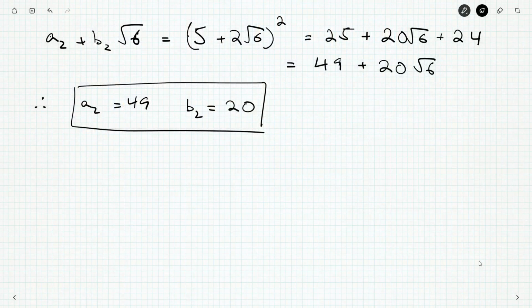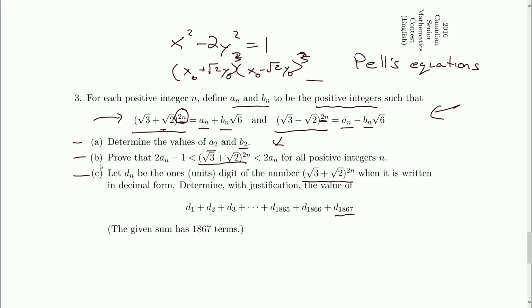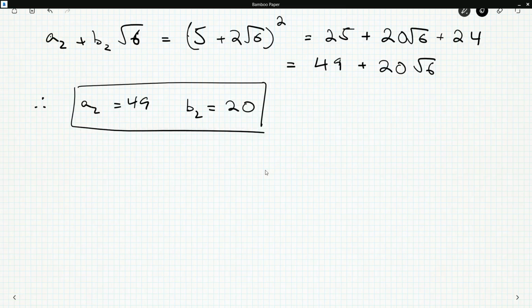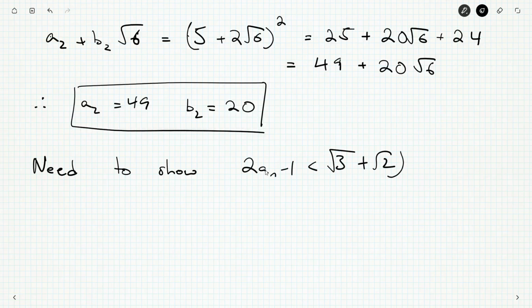Alright, so B was, we want to show that this expression here is between 2an minus 1 and 2an. Okay. So I'll just write that down so I don't have to keep bouncing back and forth. 2an minus 1 is less than root 3 plus root 2 to the 2n, which is less than 2an.